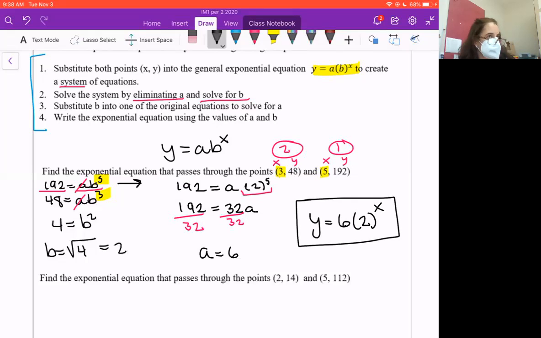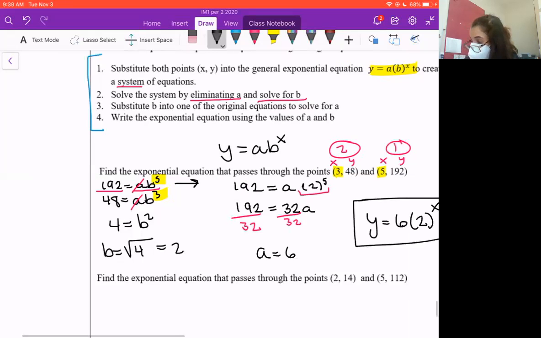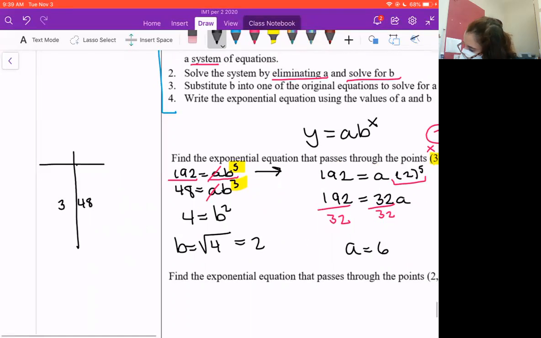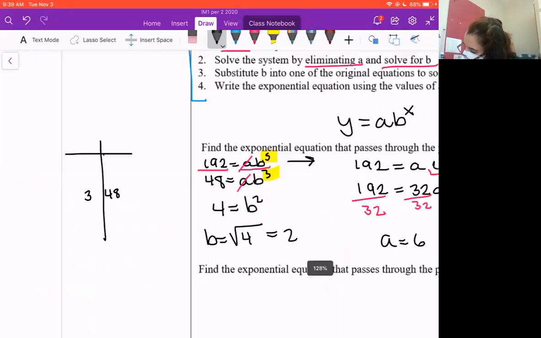Okay. Now I mentioned before that some people prefer to do this entire problem on a table. And that is a valid way to solve this. So if you prefer, you could set up a table. And our 2 points are 3, 48 and 5, 192.